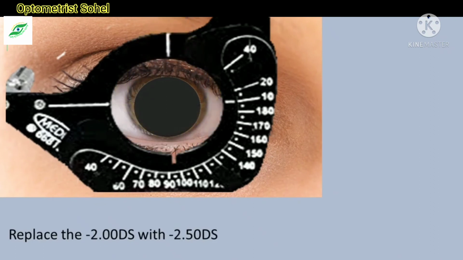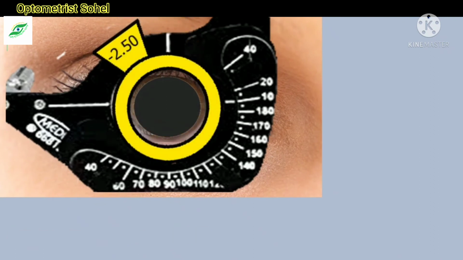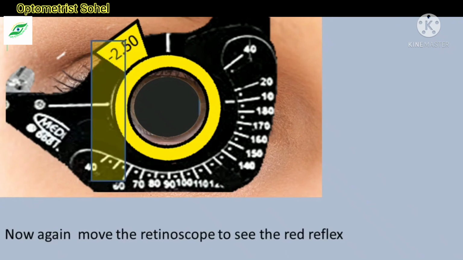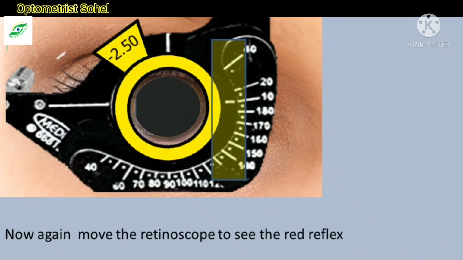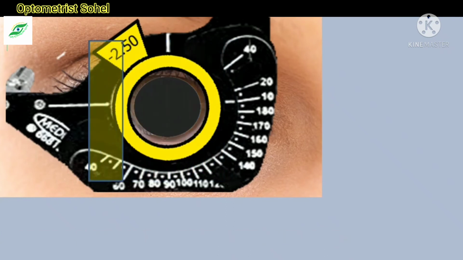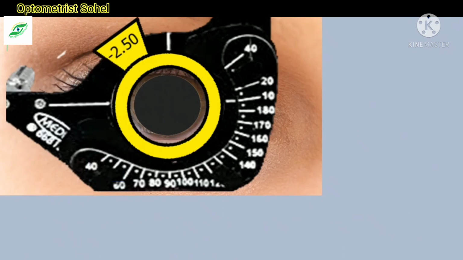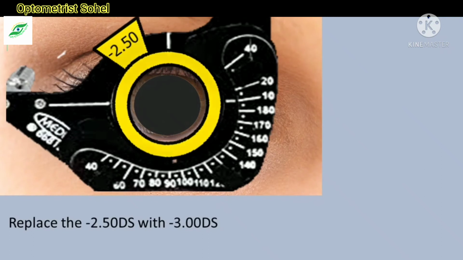Replace the -2 with -2.5. Now again move the retinoscope to see the red reflex. Still against movement, the width of the red reflex is more, meaning we are approaching the neutralization point. Replace the -2.5 with -3.